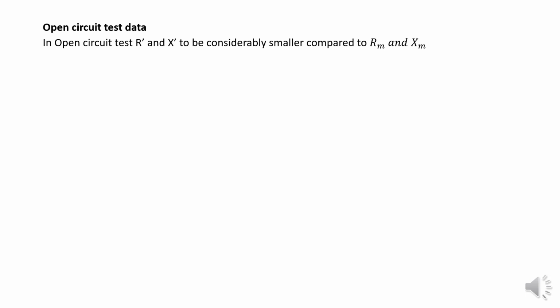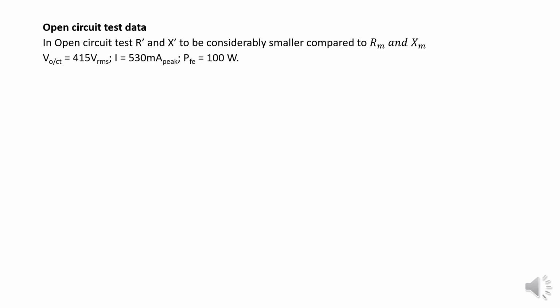Therefore the only things present will be Rm and Xm. So refer to my tutorial also. Rm and Xm will be the shunt resistance and reactance, right? So these are the open circuit data.